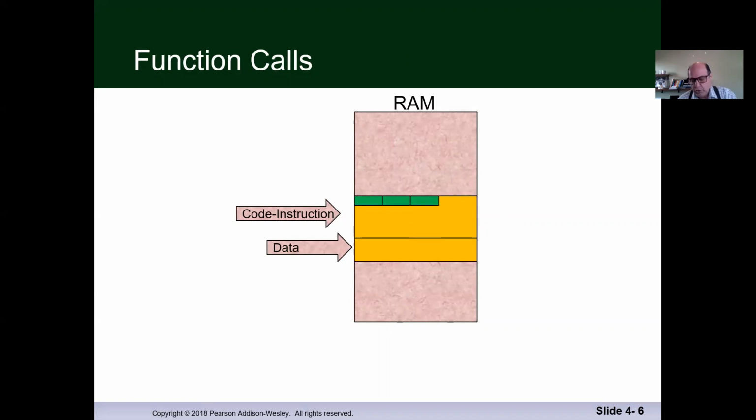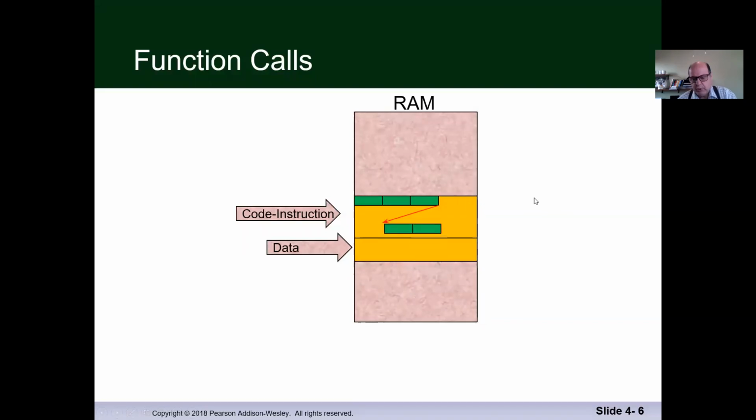When it hits a function call, the function code is just code in another section of the coding part. So when I execute this instruction, it's going to jump over to another location where we have the code for the function. Then it's going to start executing those instructions that belong to the function.